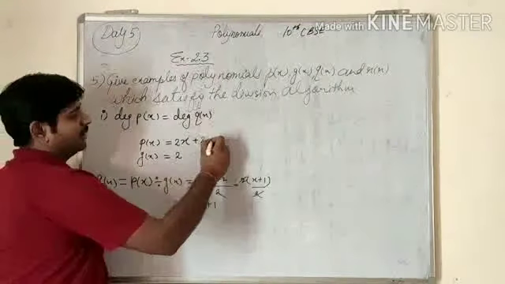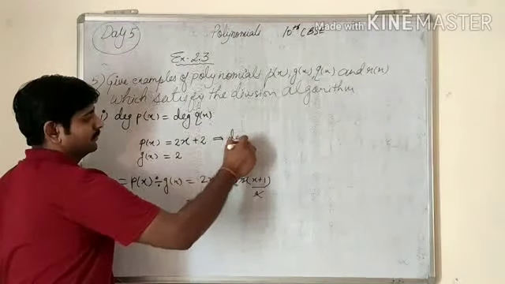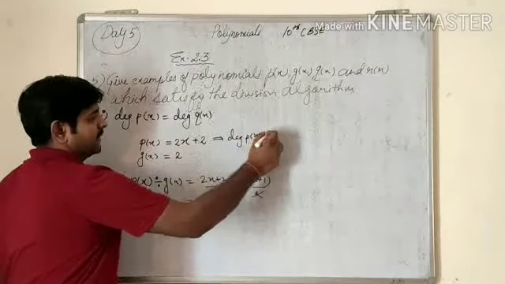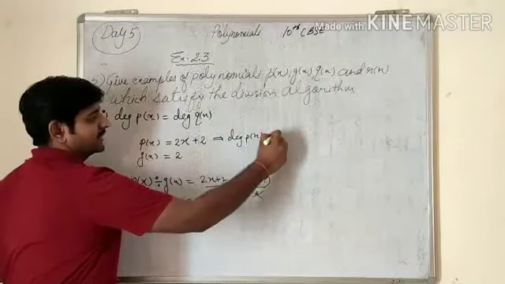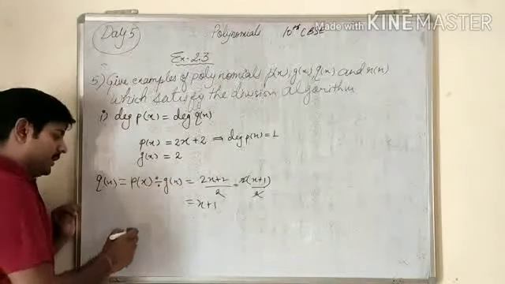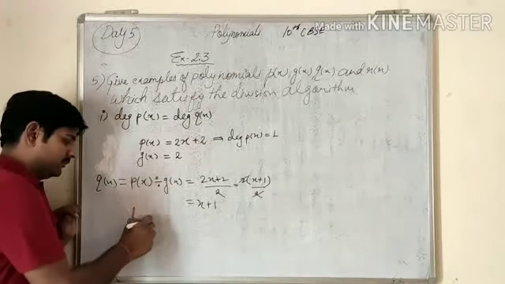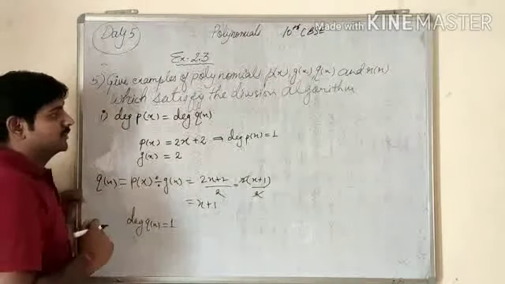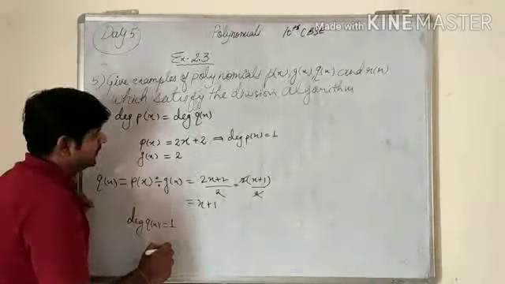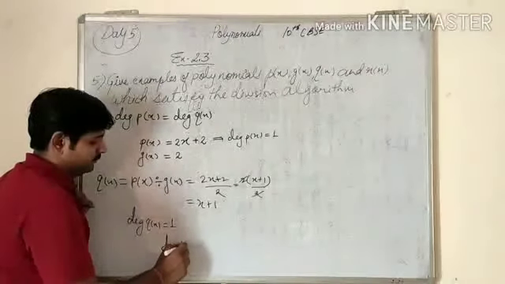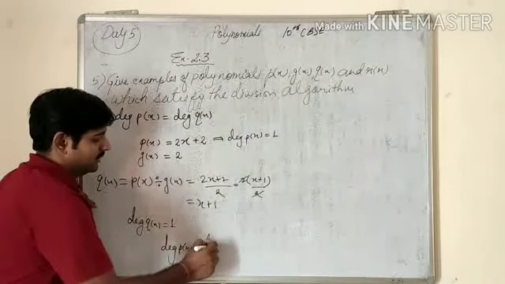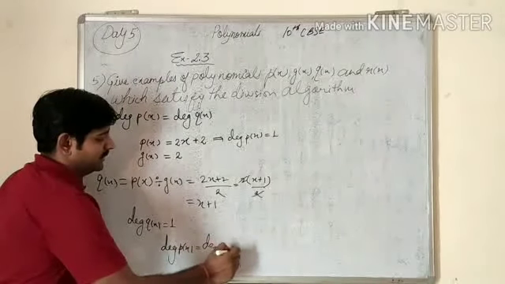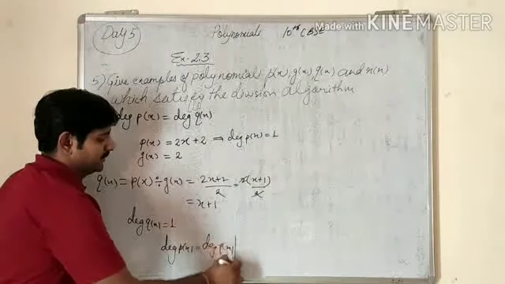So degree of p(x) is 1 because x is raised to 1, and degree of q(x) is also 1 because x is to the power 1. Therefore we can say degree of p(x) equals degree of q(x) in this example.